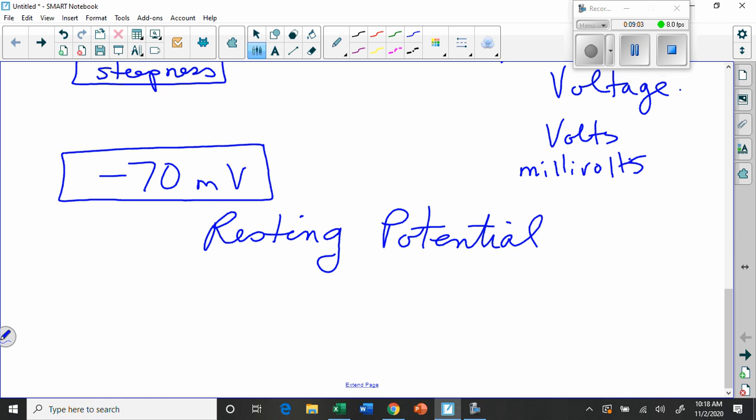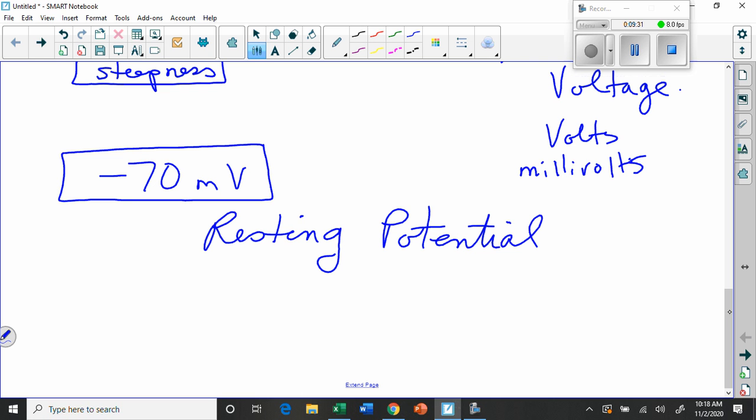And that change will cause the voltage in that spot to change as well. And that's what starts the signal. So the signal is a rapidly changing membrane potential that sort of bumps its way like a domino effect down along the membrane.